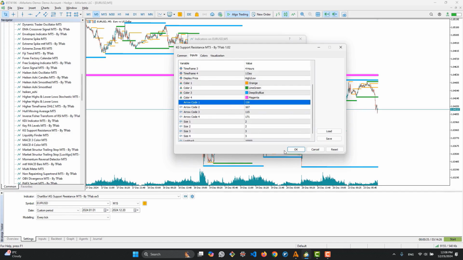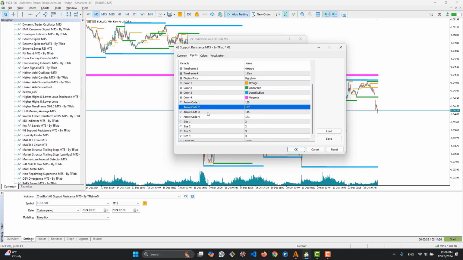And we can also specify the code for each of these lines that we have to show us which arrow for that time frame, where the number 1 is for the first time frame, 2 for the second time frame, and 3 and 4 in the same manner.